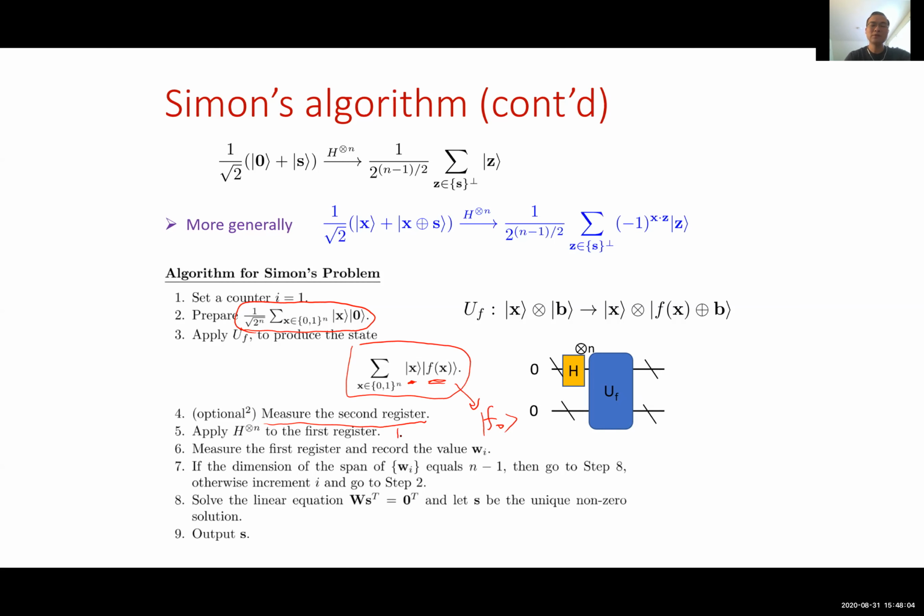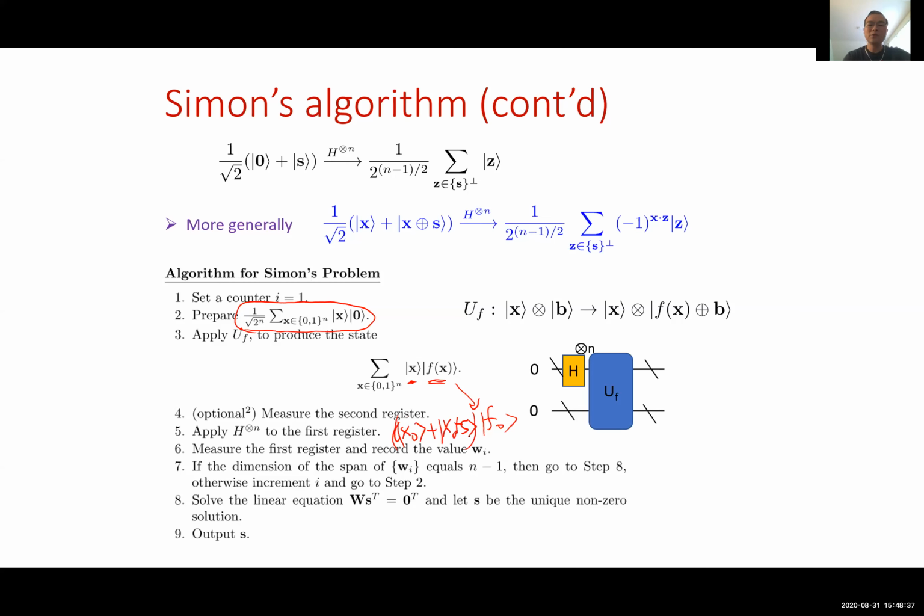That means the first one will be some x0 and x0 plus s, because we say that only those differing by a string s will evaluate to non-zero. So this writing is not so good. Just write again. Okay, hope that's slightly better.